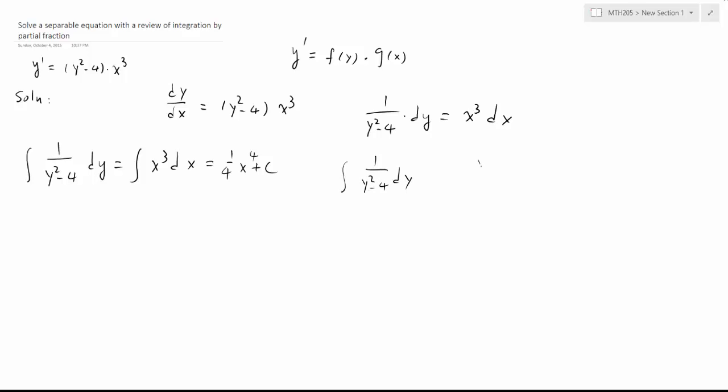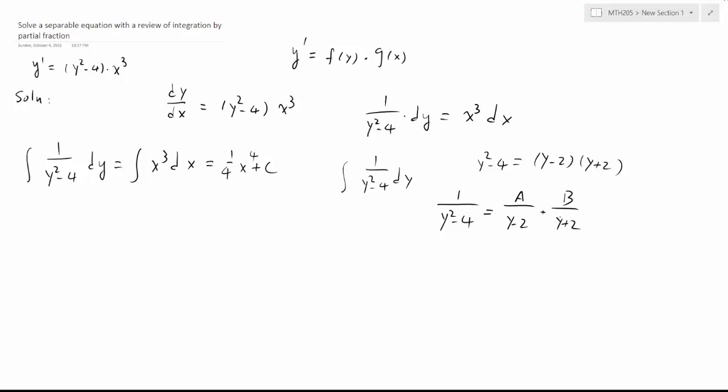Since y squared minus 4 we can factor as (y minus 2) times (y plus 2), we see this is a typical example where we can use integration by partial fractions. So now we're going to try to decompose this fraction into a sum of simpler fractions: A over (y minus 2) plus B over (y plus 2).